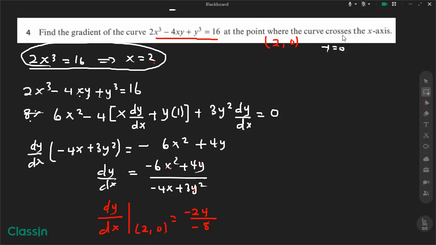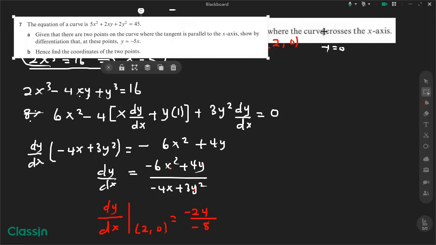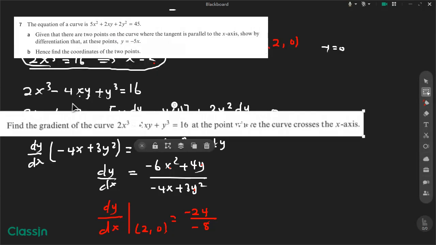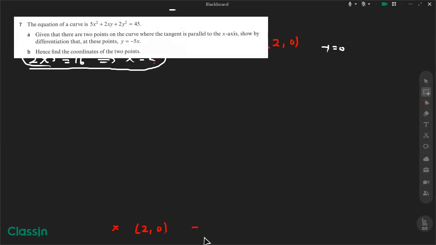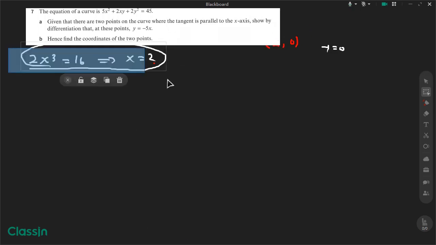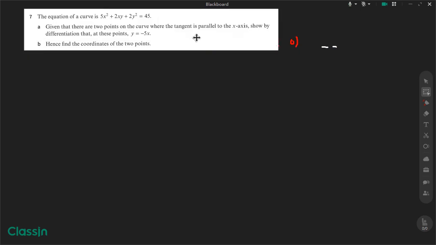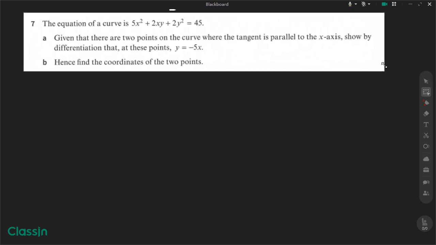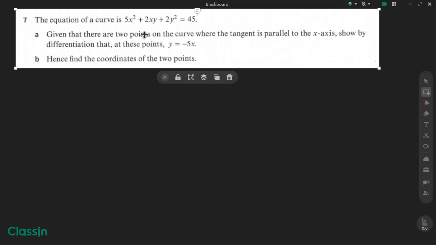Now, let's look at one more example, which is a bit involving. So if we look at this curve here, let me take out this one first. If you look at the example on the board, it says the equation of a curve is 5x squared plus 2xy plus 2y squared equals 45.